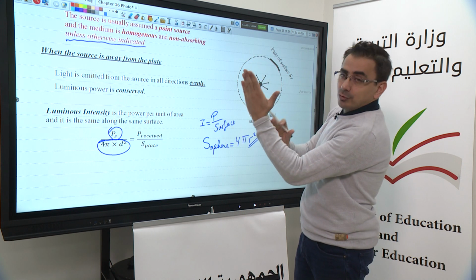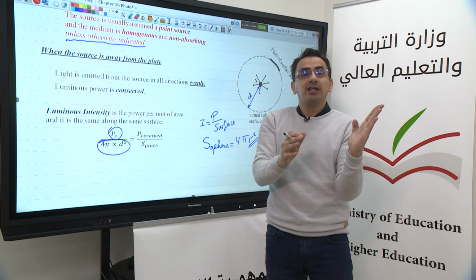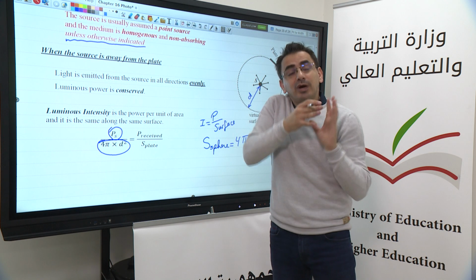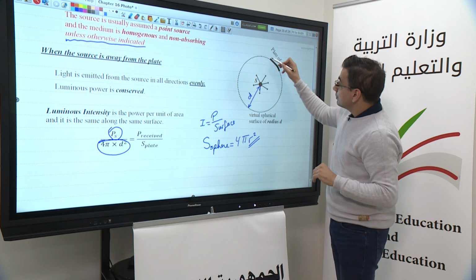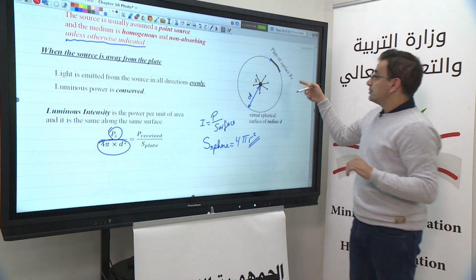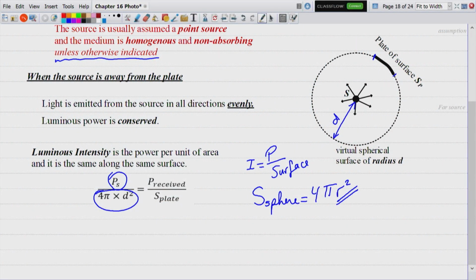This plate that is there might be placed far from the source. So the plate that we are studying for photoelectric emission, the metallic plate, has a surface S of the plate. So the power received by the plate from the photons arriving, the power received by the plate over the surface of the plate, is also the luminous intensity.